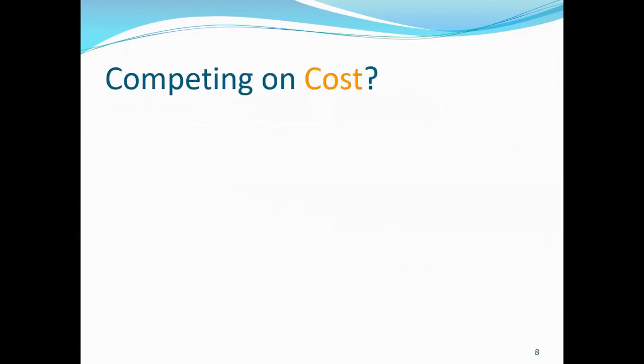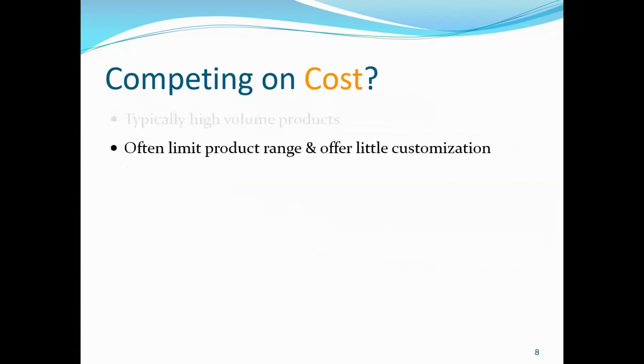So competing on cost, what do we do? Usually when we compete on cost, it's for high volume products, so we can reach economy of scale. And usually the product range will be smaller. We won't offer a huge variety of products, and customization is also minimal.